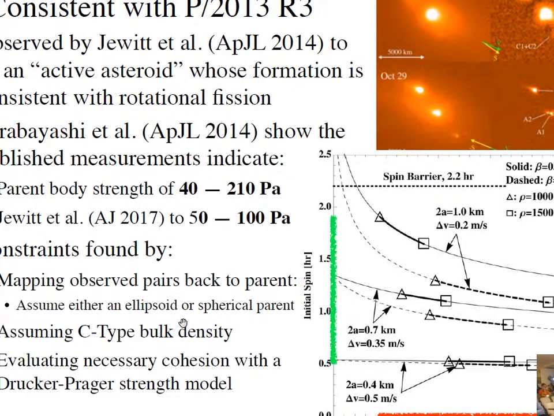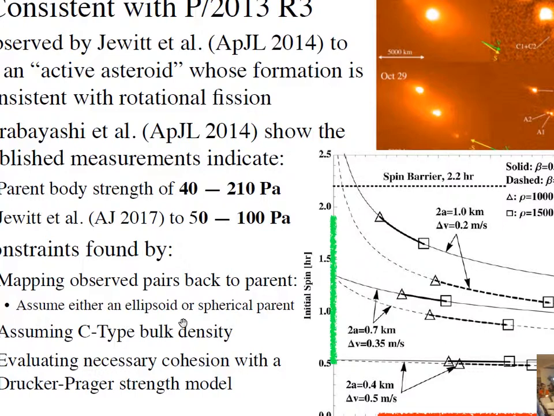Another body is the active asteroid 2013 R3, which was first thought to be a comet because it had a lot of gas and coma, but once it was resolved, they saw it was actually a body that had multiple pieces slowly drifting apart from each other. We did an analysis based on their observations and were able to come up with a range of strengths of a parent body, if this were indeed a rotational fission event, between 40 and 200 pascals.